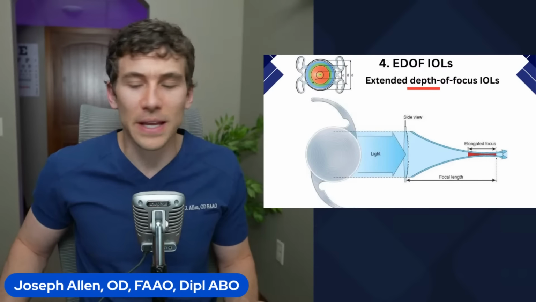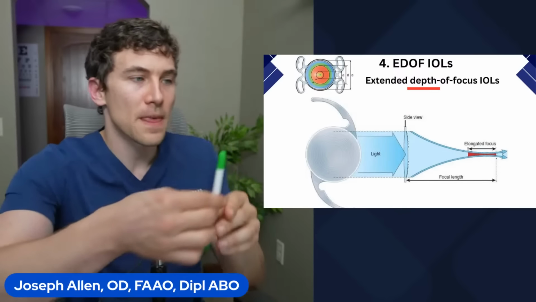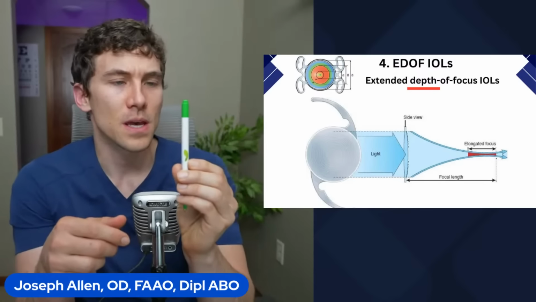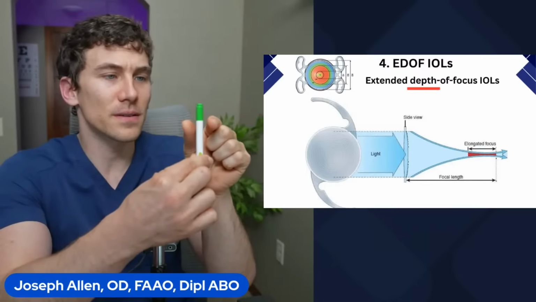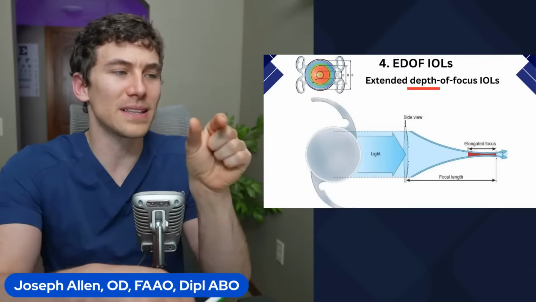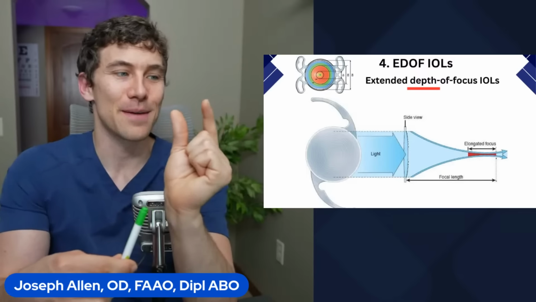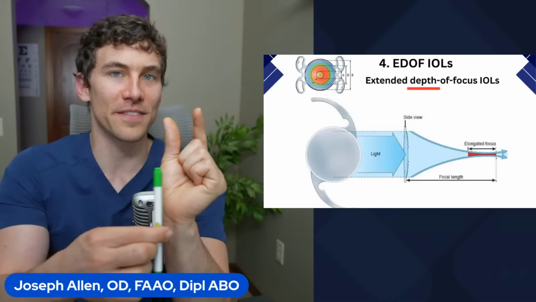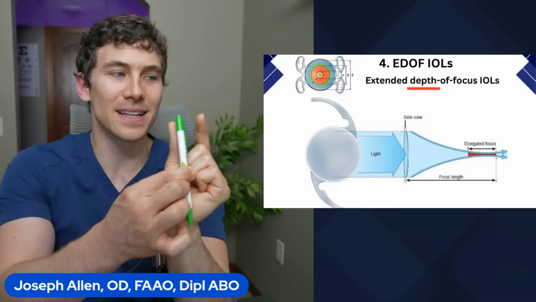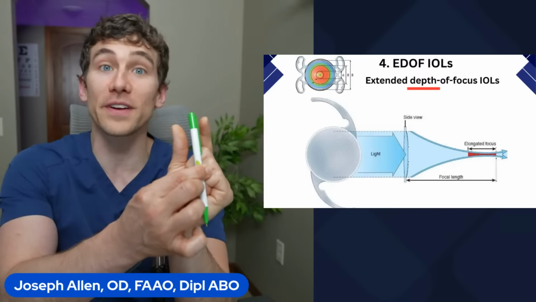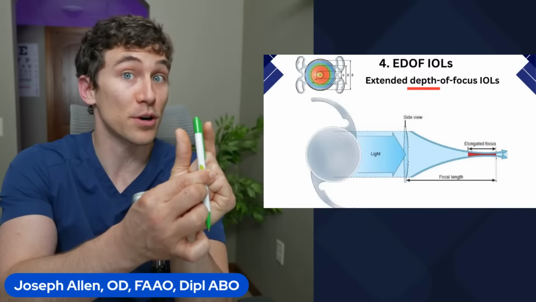To explain what I mean by depth of focus, if I hold up this pen here, my depth of focus may be like the space between my fingers. I'm trying to look in the camera so you can see it. If the pen lies right in between my fingers, perfect. I can see that pen perfectly clear.